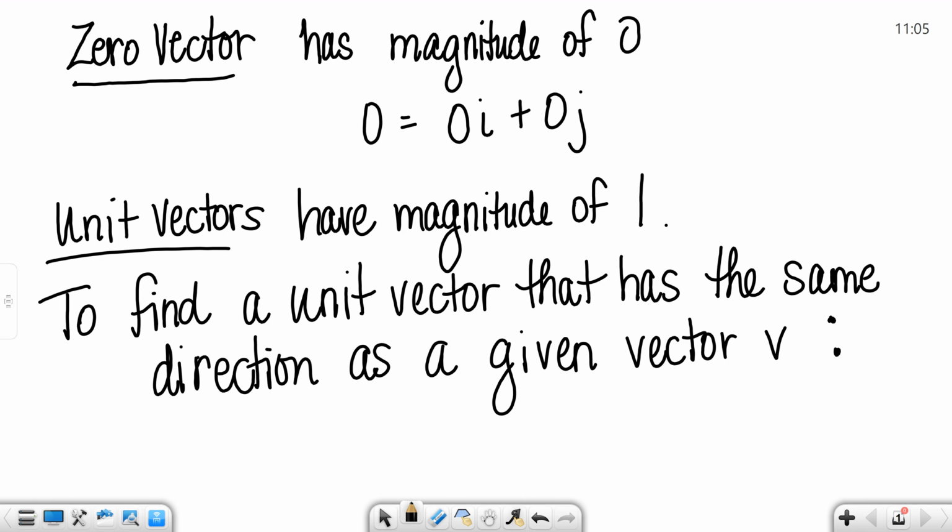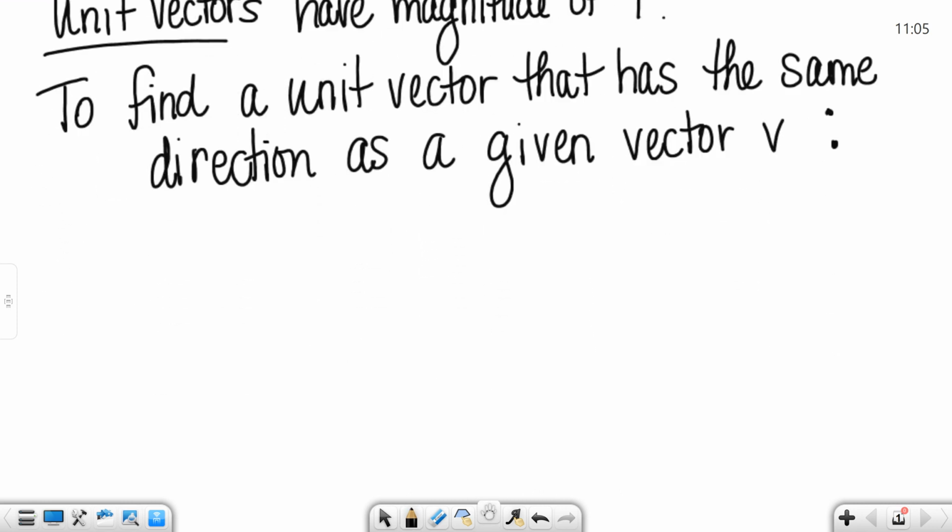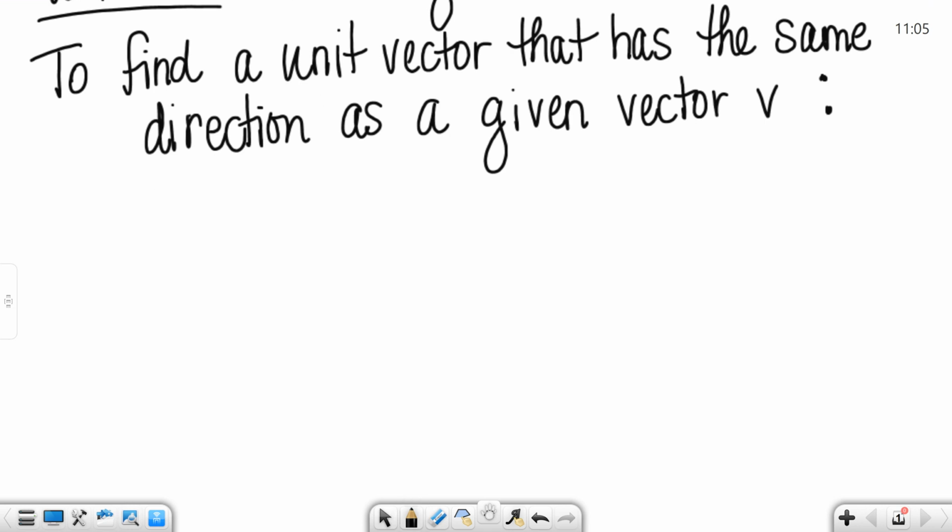All right, and so here's how we would do that. If we are asked to find a unit vector that has the same direction as a given vector v, then this is the formula we're going to use. We're going to take that vector and we will divide by the magnitude of that vector.